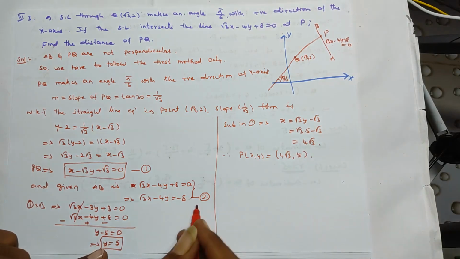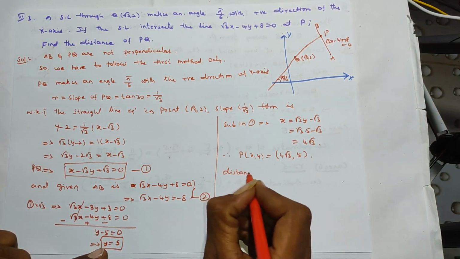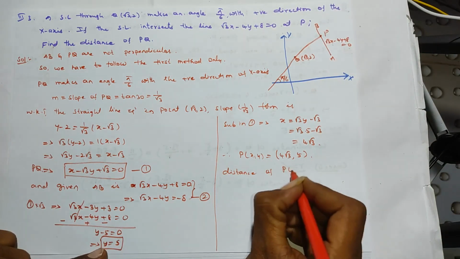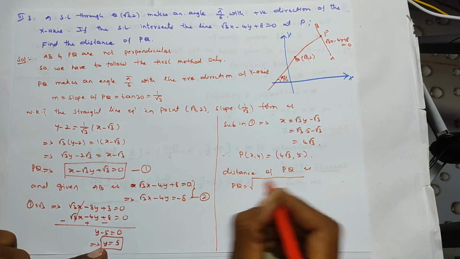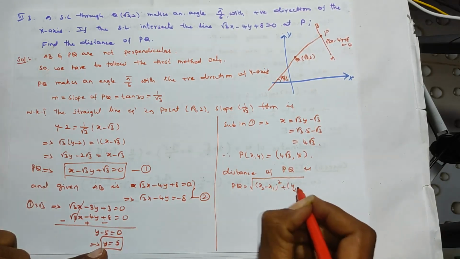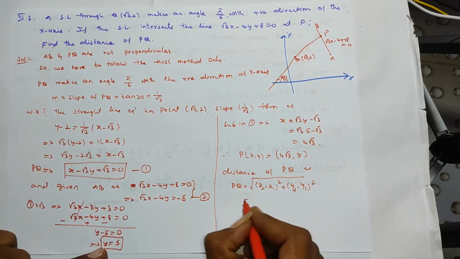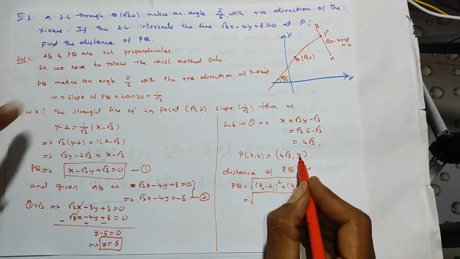Clear? Now the distance of PQ. Distance of PQ is equal to square root of x2 minus x1 whole square plus y2 minus y1 whole square. Substitute all the values. Here P is x1 y1 and the Q coordinates are x2 y2.